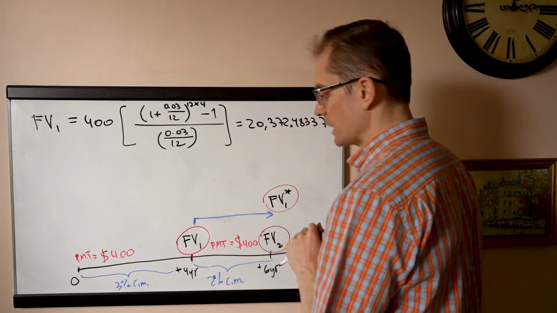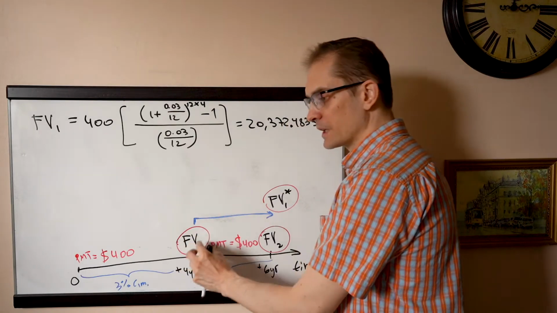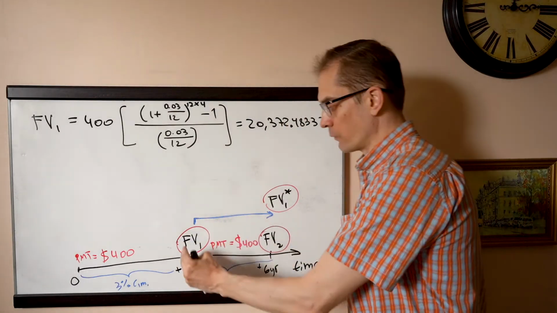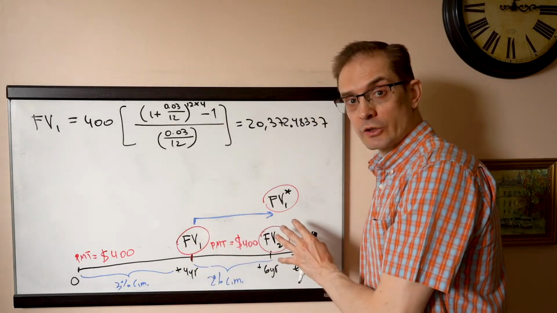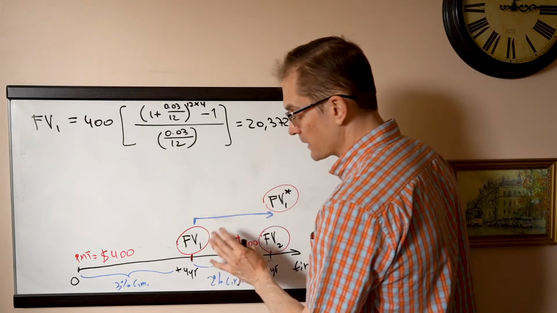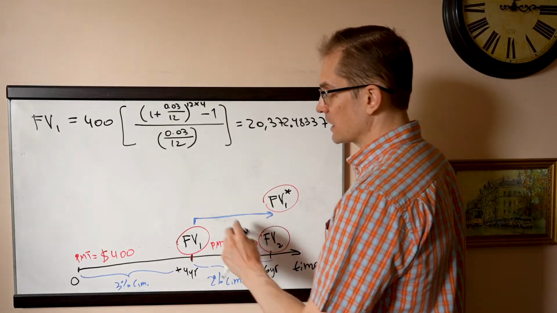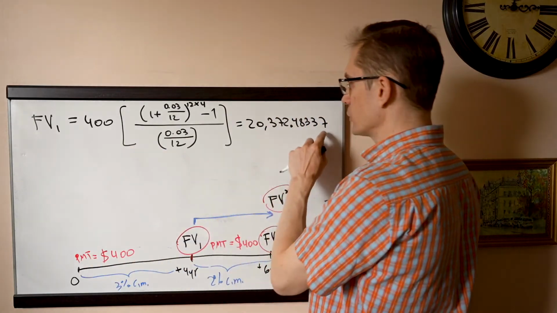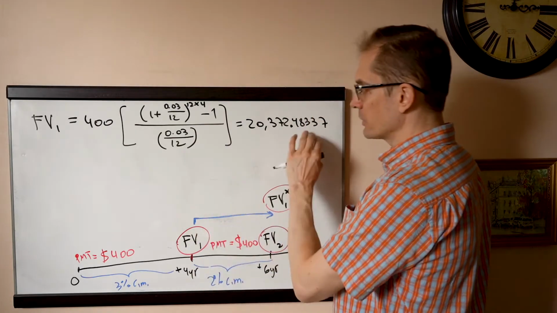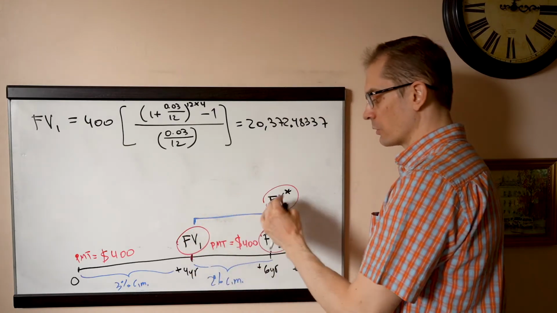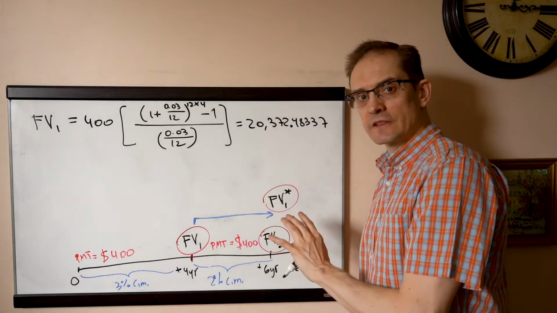But what is important to realize is that future value 1 at that moment will become a present value, which will grow for 2 more years, because that will stay in the account for 2 more years. And on top of that, remember, the second annuity will start as well. But speaking about this first annuity, that future value after 4 years will continue to grow for 2 more years just as a regular investment, not as an annuity.